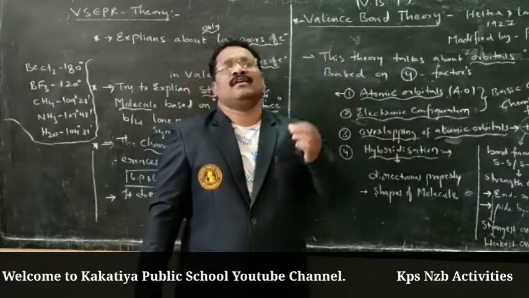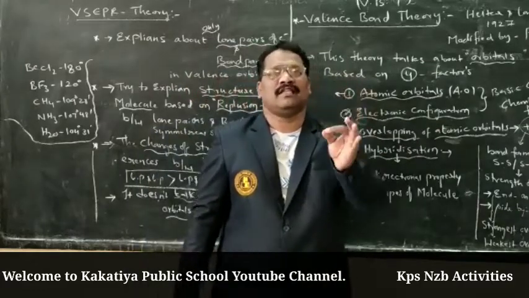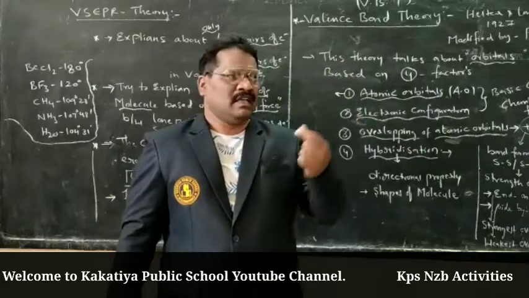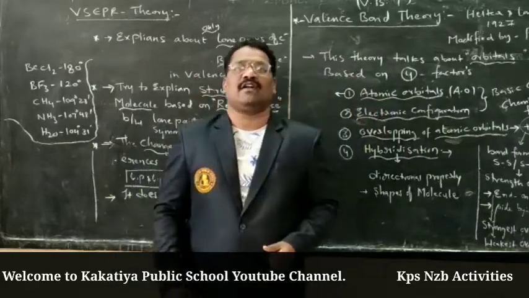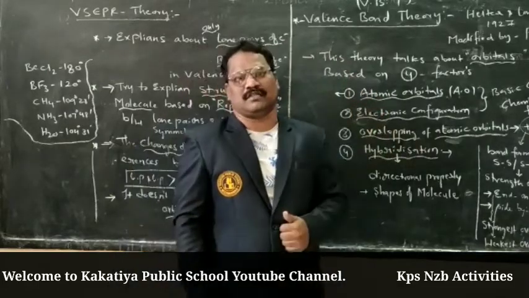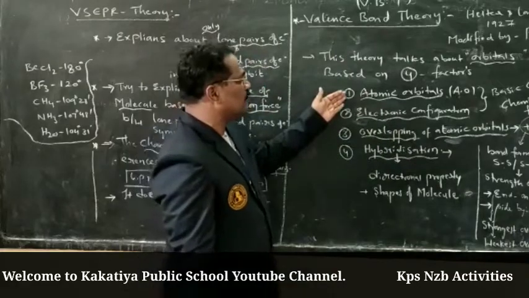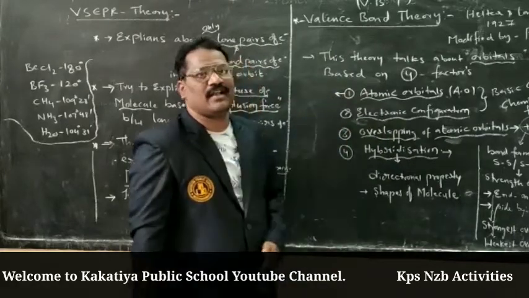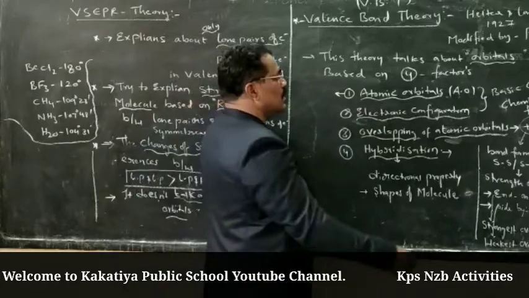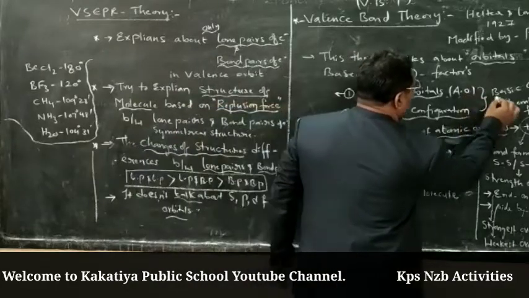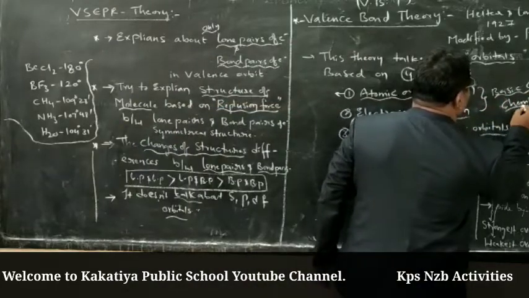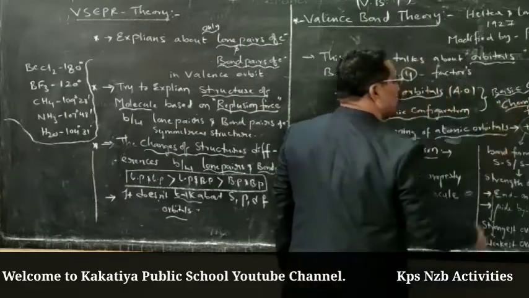What does it mean? Based upon the energy of orbitals, the systematic arrangement of electrons in those orbitals is called electronic configuration.